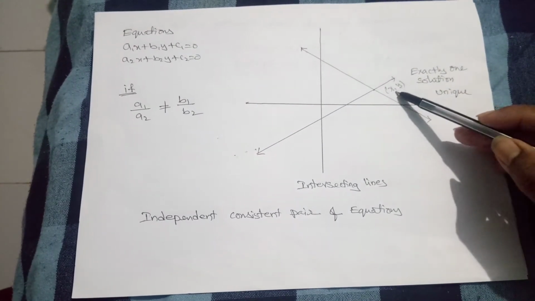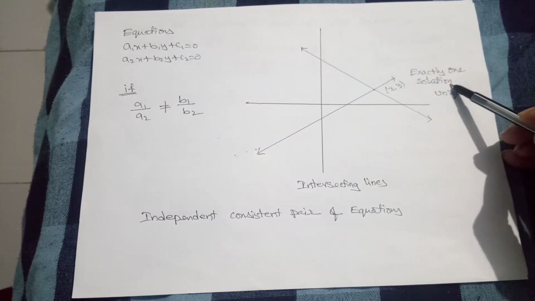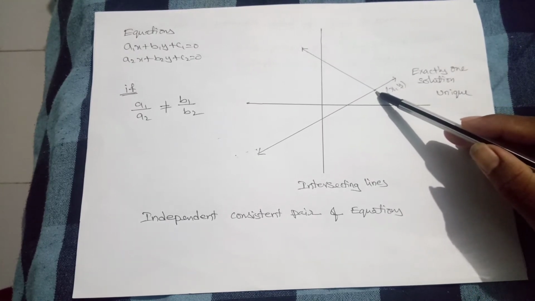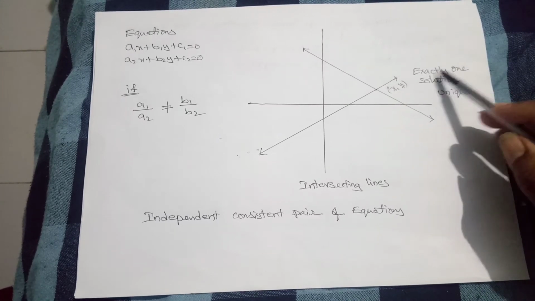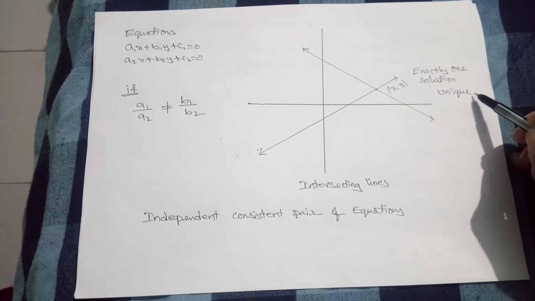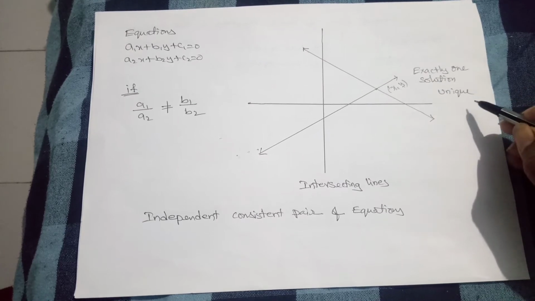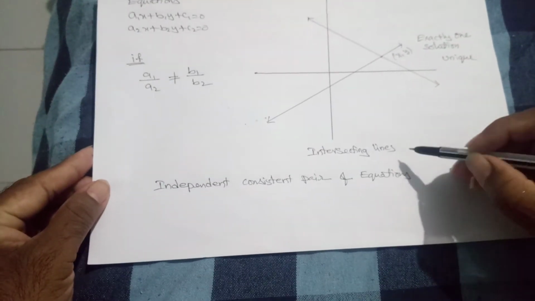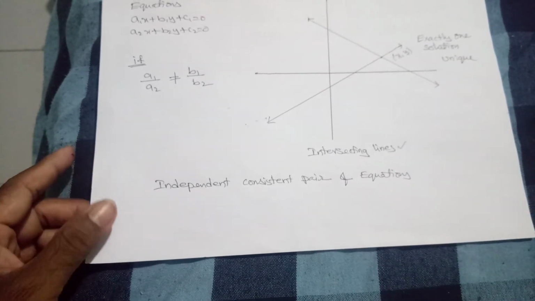Therefore we can have exactly one solution, because the intersecting lines are straight lines, so we can get only one intersection point, that is exactly one. Then we can call it a unique solution. Unique solution means only one solution. So here we can state that they are intersecting lines.